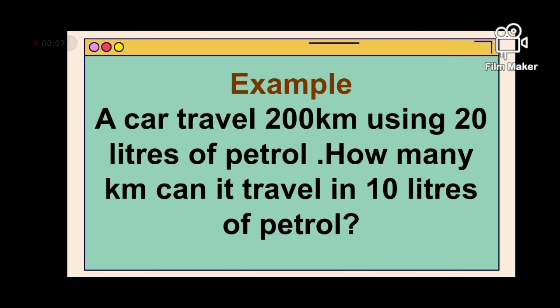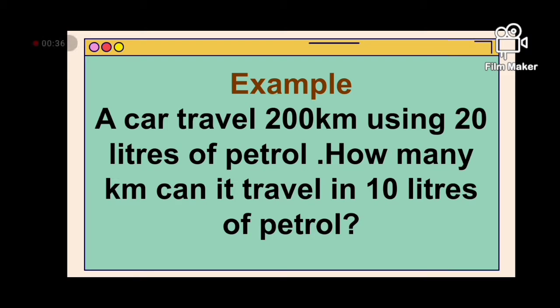In this example, a car travels 200 kilometers using 20 liters of petrol. How many kilometers can it travel in 10 liters of petrol? We have to find the distance traveled in 10 liters of petrol when the distance traveled in 20 liters of petrol is 200 kilometers.